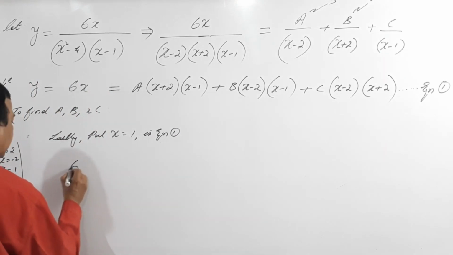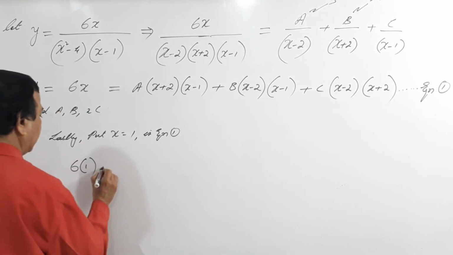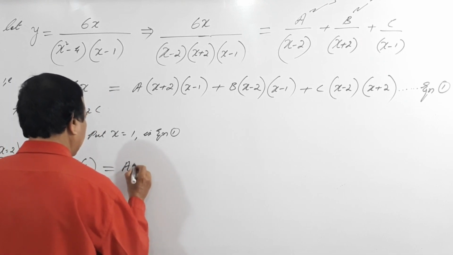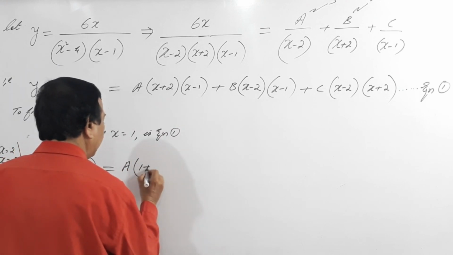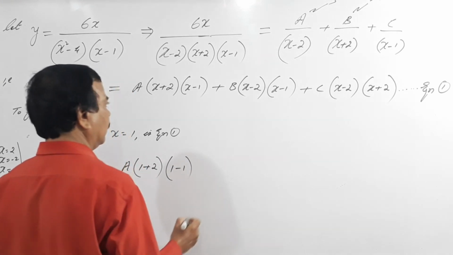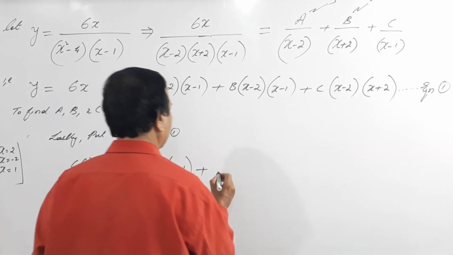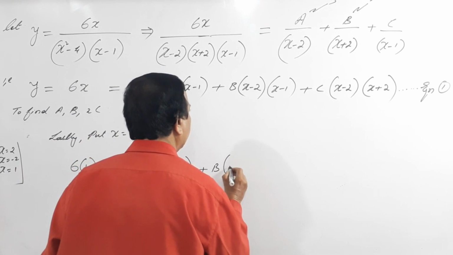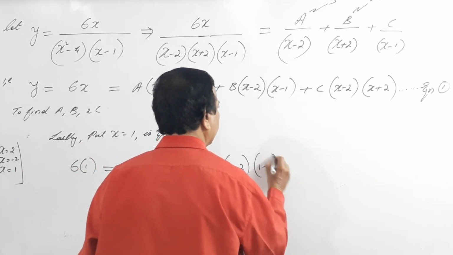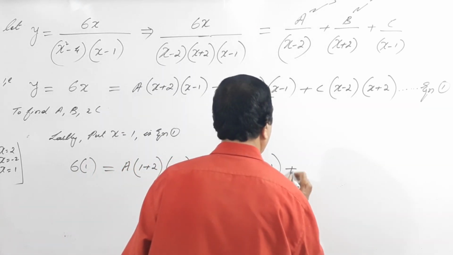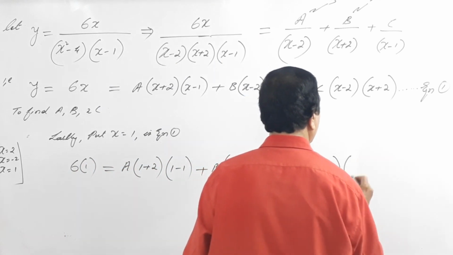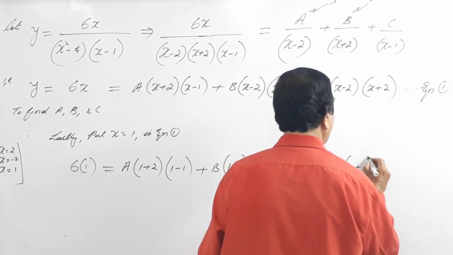That is 6 into 1 equals a into 1 plus 2 into 1 minus 1, plus b into 1 minus 2, and this is 1 minus 1, plus c into 1 minus 2 into 1 plus 2.